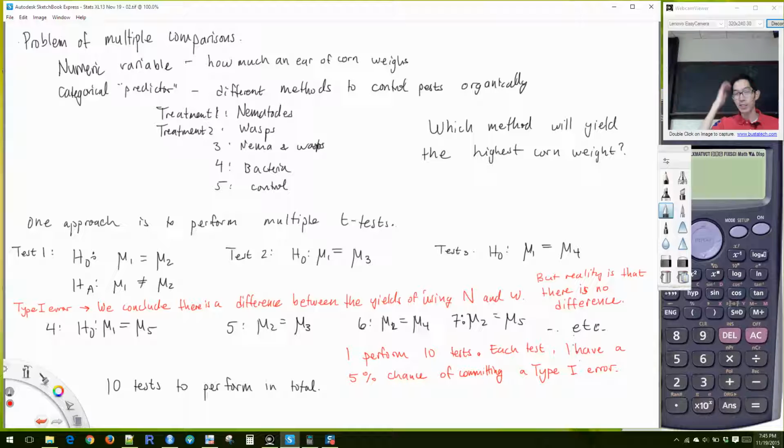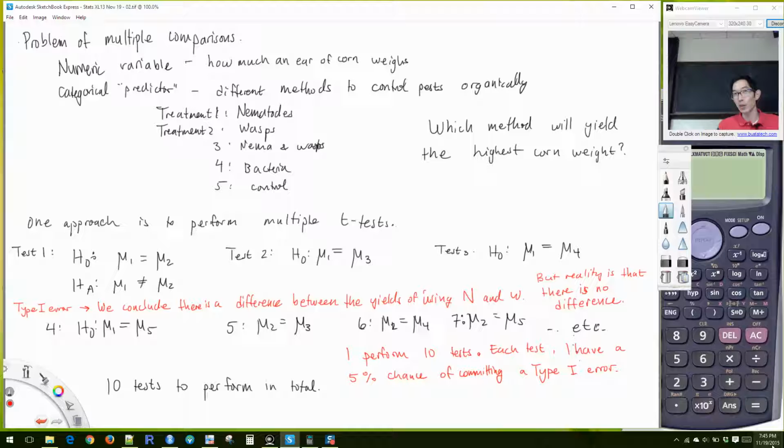And if we had 7 categories rather than 5, we would have 21 tests to perform, okay? It's very, very, very likely that at least one of our results is a type 1 error, okay? And you never know.